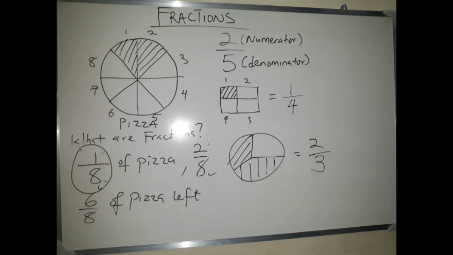We first state the value of the top number, which is the numerator, in a normal number-like form, for example, how you count your numbers: 1, 2, 3, 4. So when you're stating the numerator in naming a fraction, you just name the top number on the fraction.